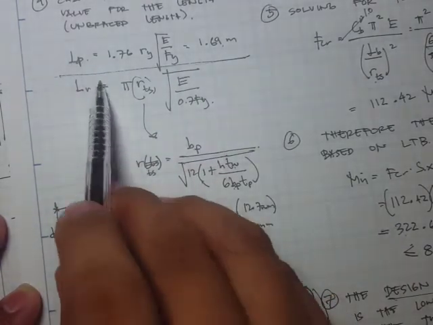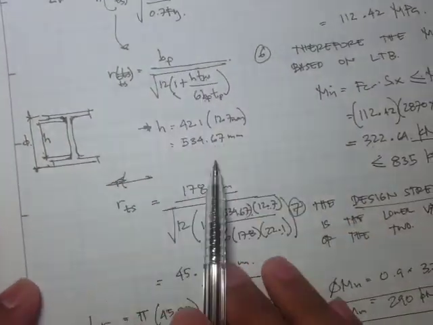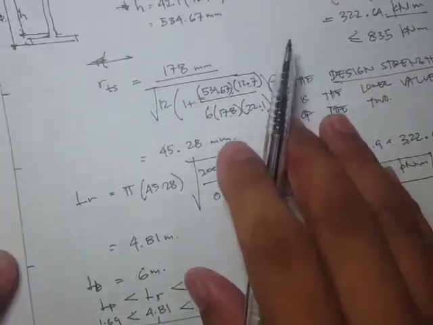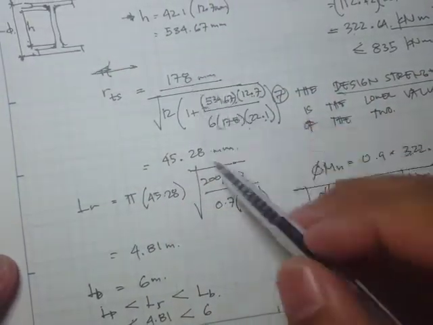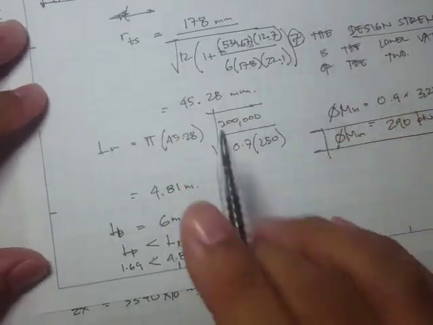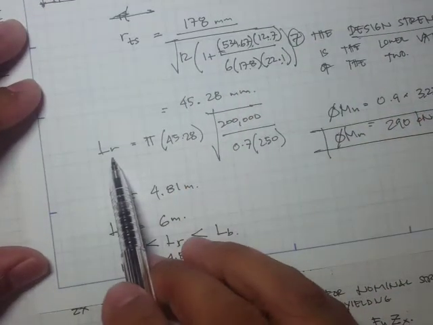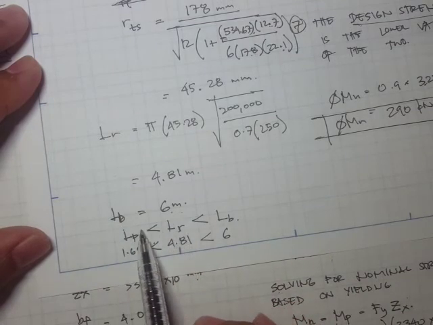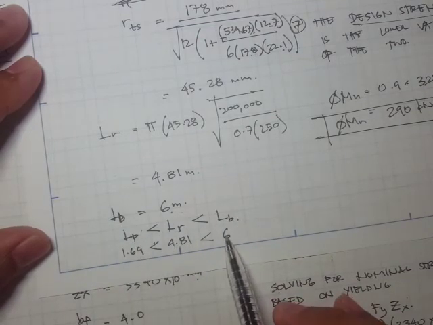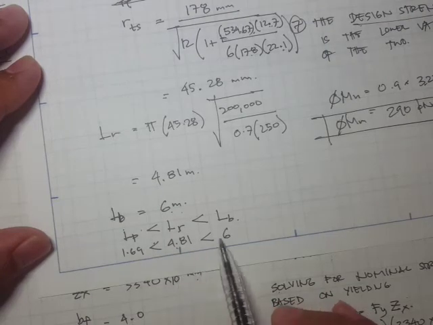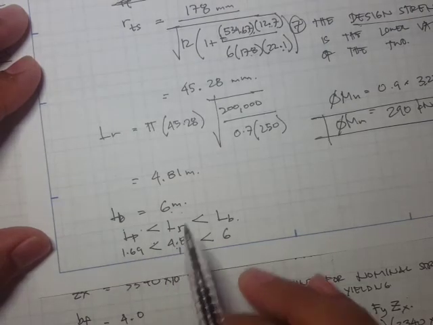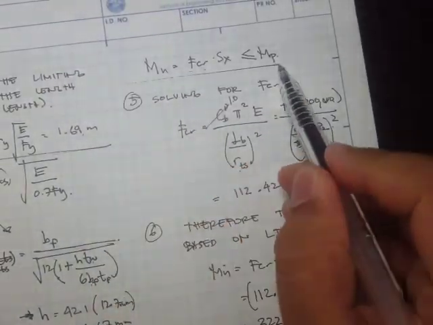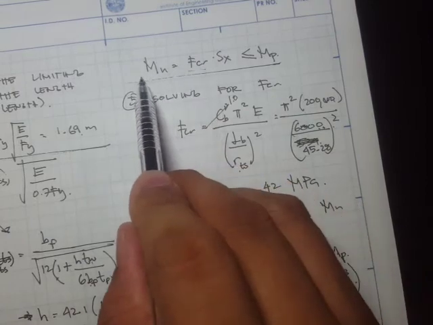Then we check the limiting value L sub R. There's a lengthy computation here, but after you obtain the L sub R and L sub P, then you have to compare your unbraced length, and it turns out that our unbraced length is greater than our L sub R. So therefore, the moment capacity would be this one.